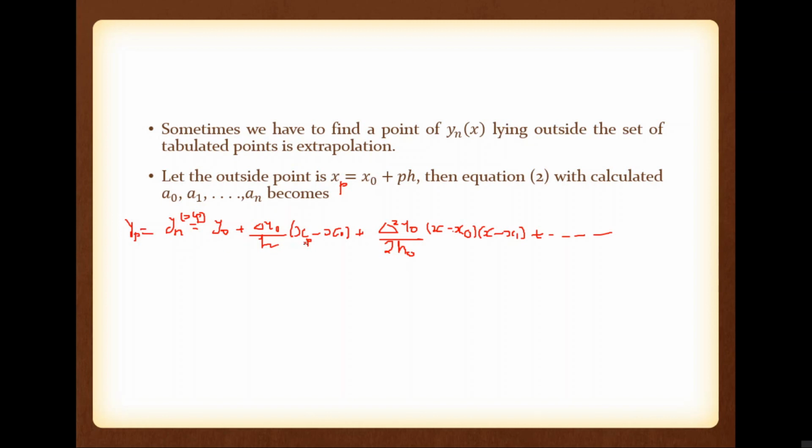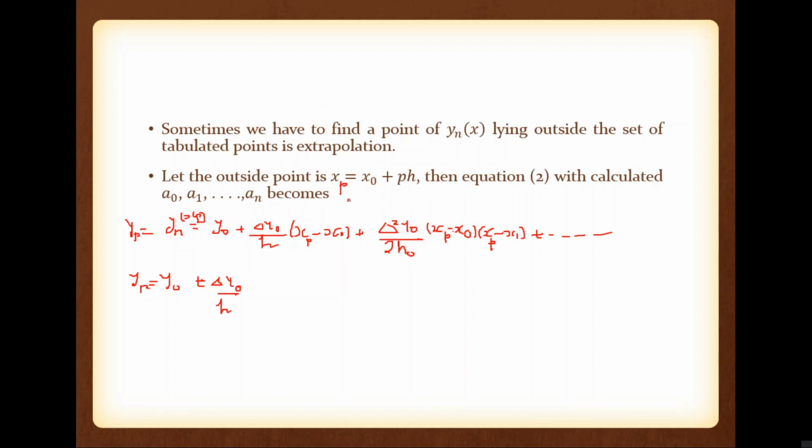So replace x with xp. So xp minus x0, this is xp minus x0 into xp minus x1, etc. So yp is equal to y0 plus delta y0 divided by h. Now what is xp minus x0? Please remember the equation xp equal to x0 plus ph.